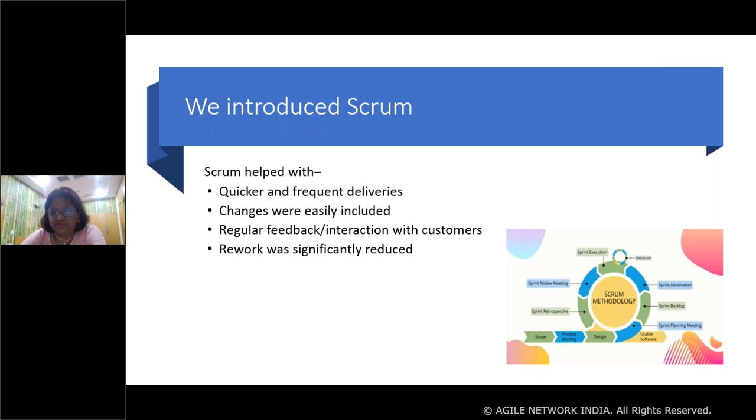After that we went through the sprint retrospective and the sprint review. In most of the cases where we did Scrum, the customer's point of view at the sprint review was that the delivery had met their expectations.